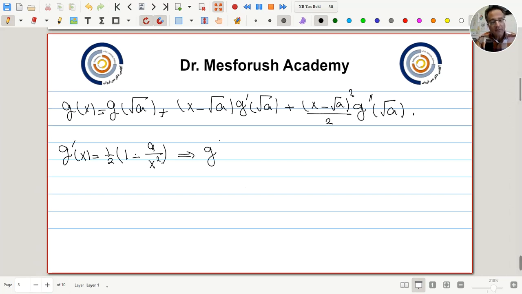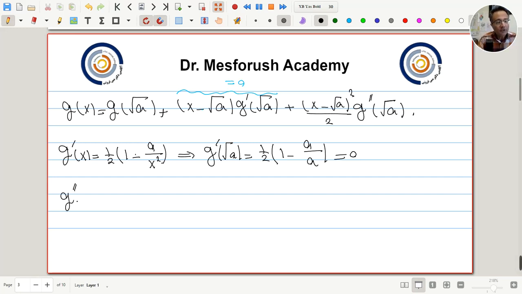And this gives g prime of square root of a will be 1 over 2 times (1 minus a over a), and it will be 0. So this term will be 0. Okay?